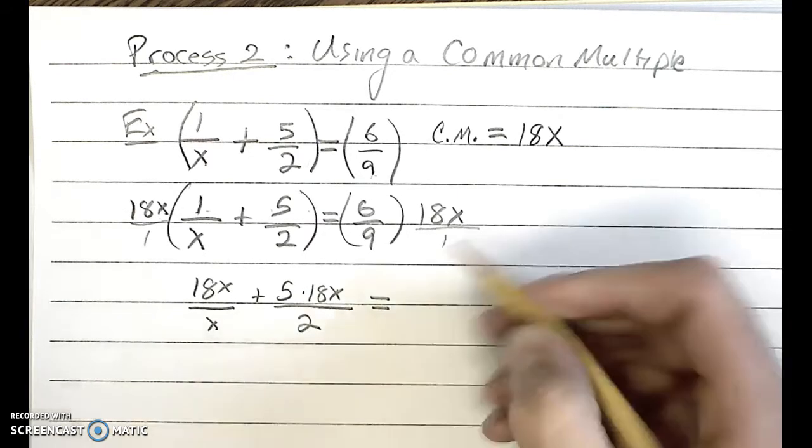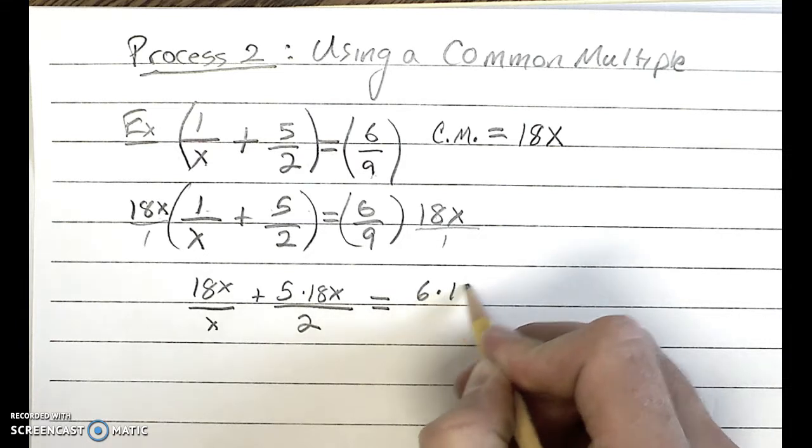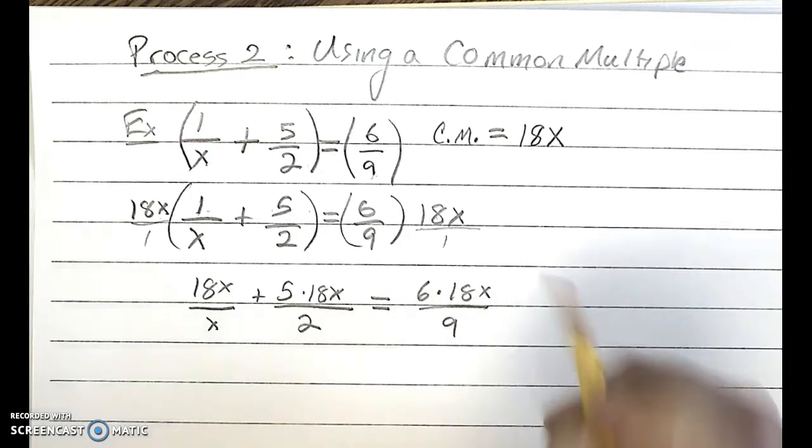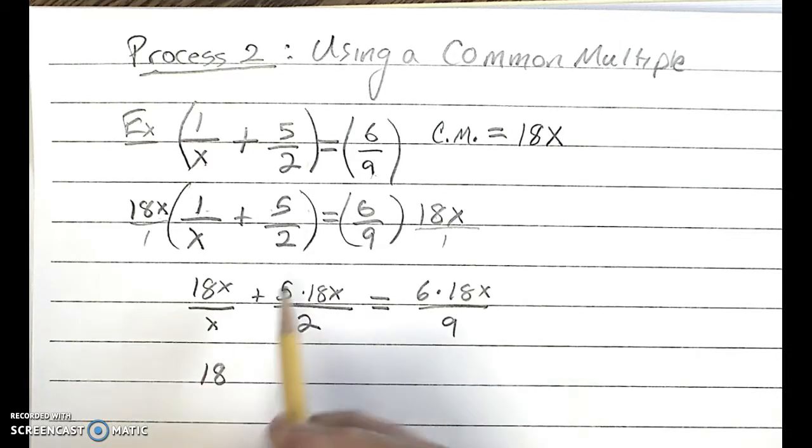That is equal to 6 times 18x on the other side, all over 9. Now, the more you do this, you kind of skip this step sometimes. When we simplify, 18x over x is just 18. Our denominators disappear here.